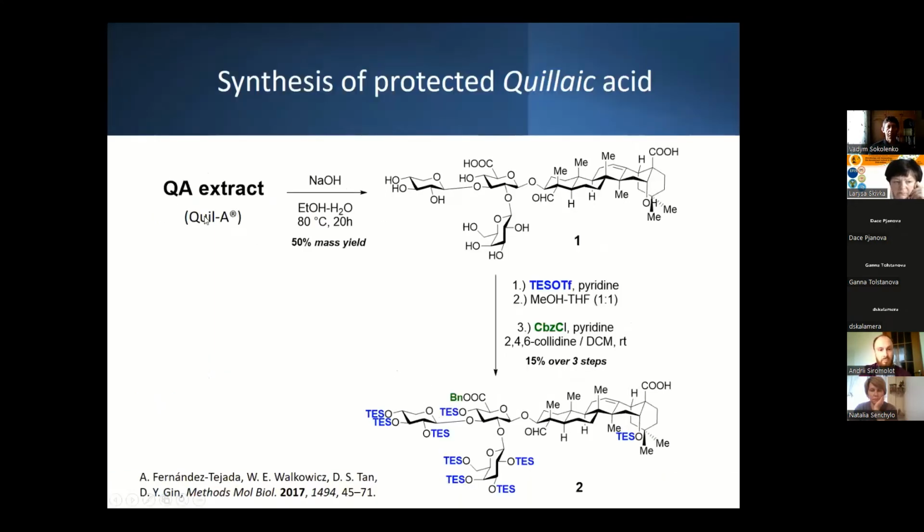Because tree extract contains many different compounds, and this is a common part in all of those compounds. And after hydrolysis of all of those compounds, we obtained this compound 1 in quite a decent yield of 50% mass yield. After that, we did some chemistry on this compound, installed protective groups and left this carboxylic acid free in order to react with our pentasaccharide.